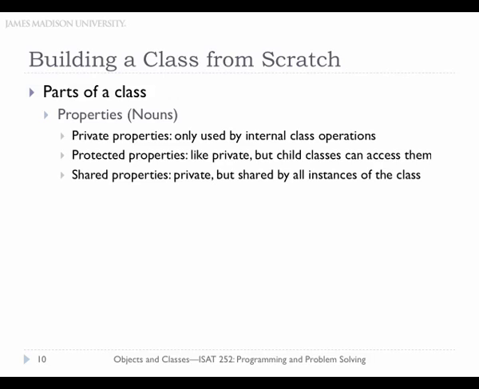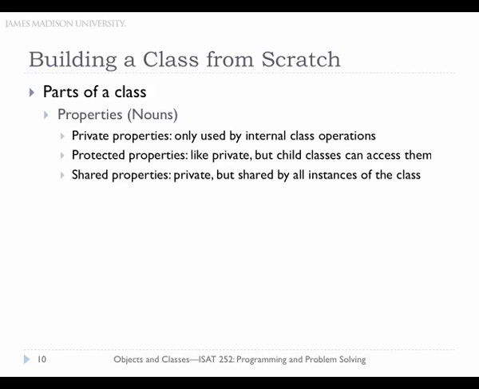You have shared properties. Shared properties is a kind of weird concept to wrap your brain around if you haven't been doing object-oriented development for a while. But they're kind of like private properties because they're only usable inside of the class, but the programming environment only creates one instance of the shared property, and all of the instances, all of the objects or variables that you create that are instances of that class share that property.